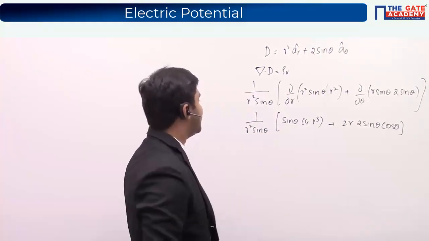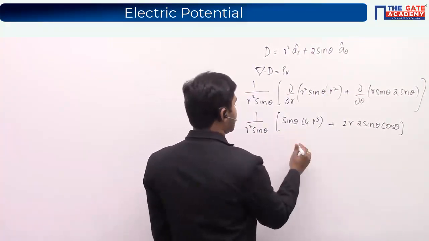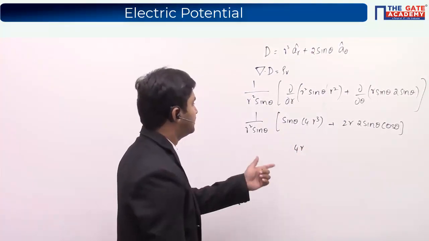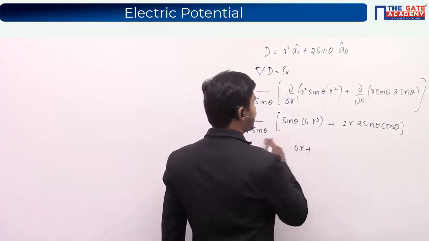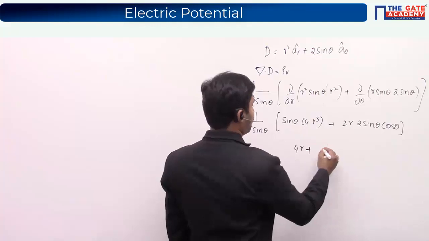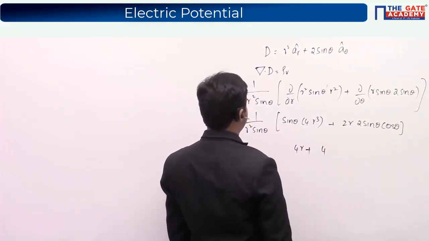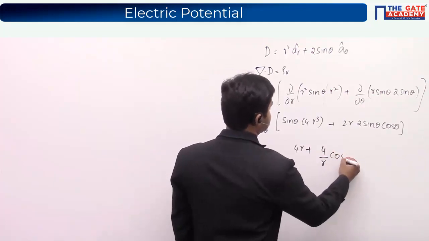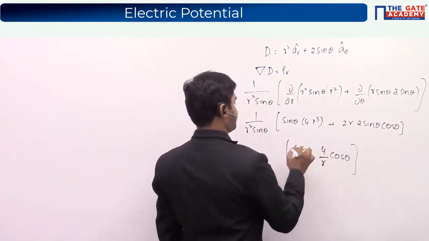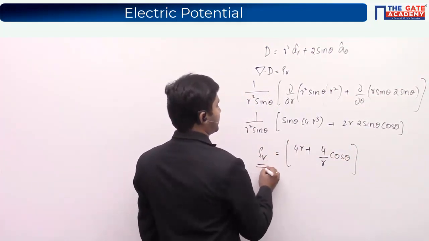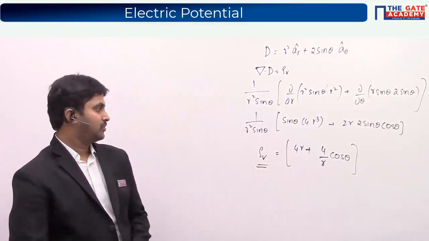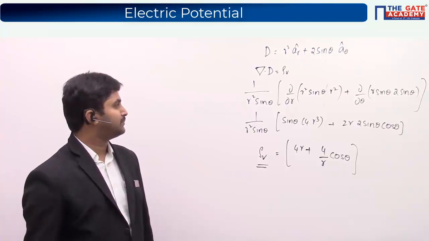If you take this inside, sin theta gets cancelled, and you'll have 4r, and in the second part 4 will be present, sin theta cancelled out, 4 by r cos theta. So this should be the value of rho v: 4r plus 4 by r cos theta. Please check it once again.